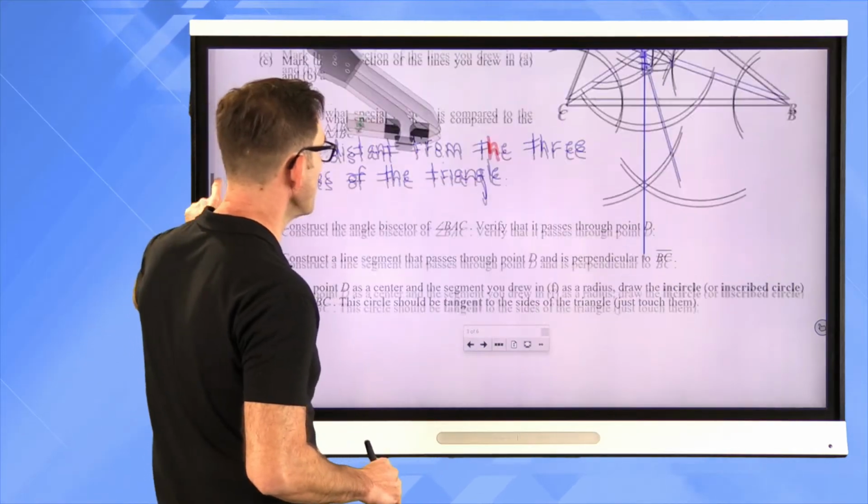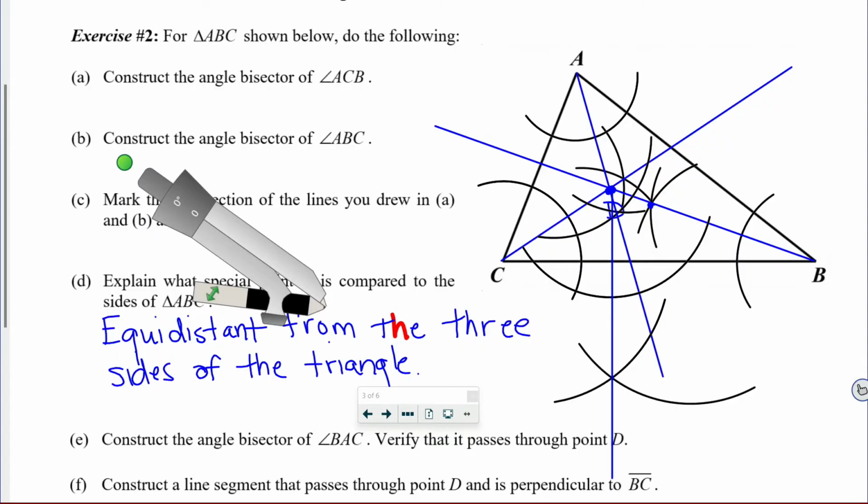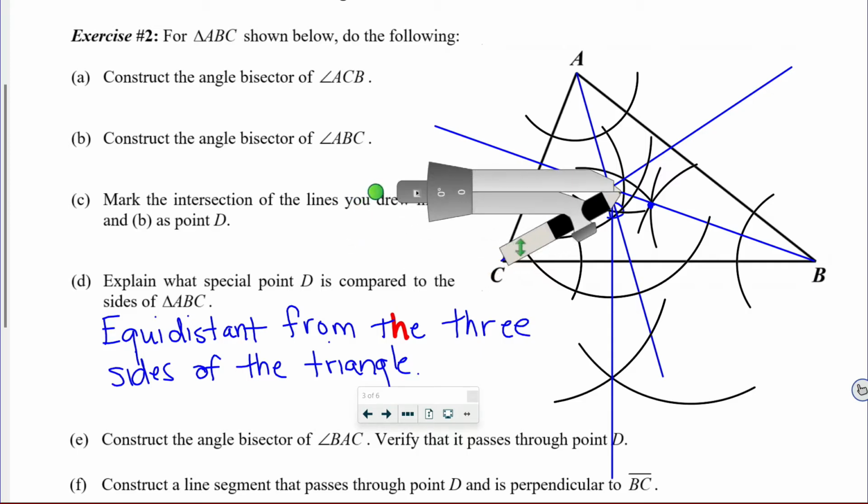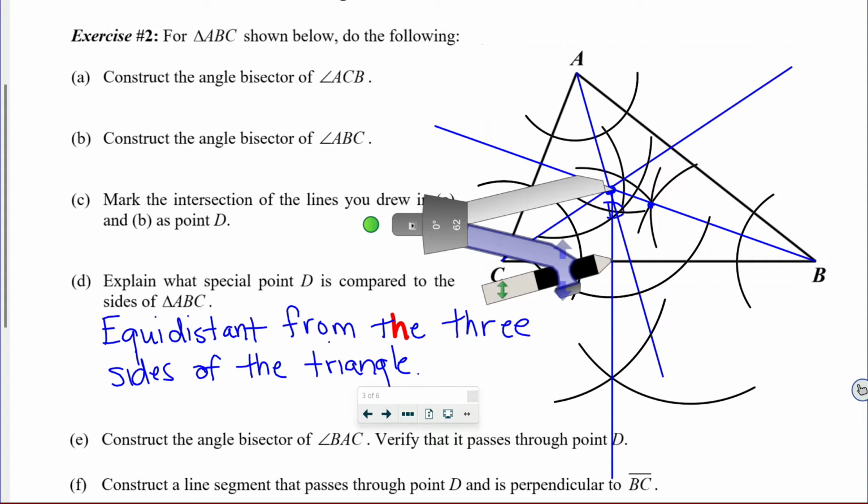All right, so let's do it. Again, moment of truth. How good is my incenter? The fact that the three angle bisectors actually all coincided there was great. All right, I don't know if I'm going to be able to get this perfect, but I'll get it as good as I can. All right, here we go.